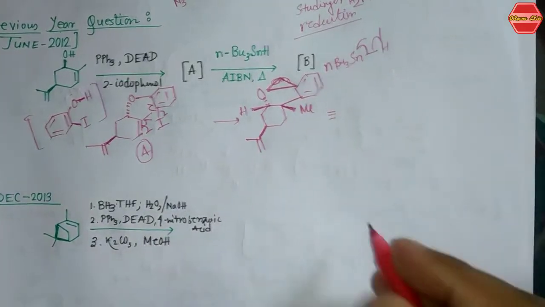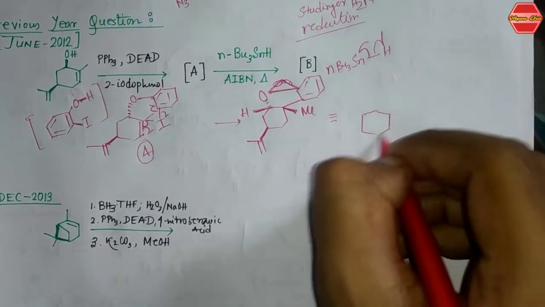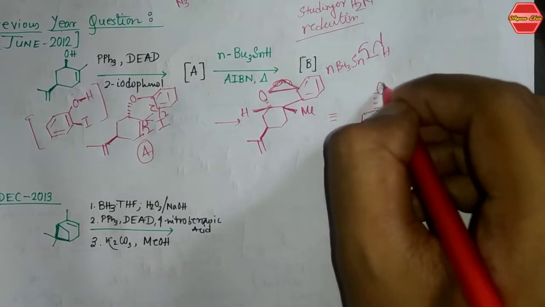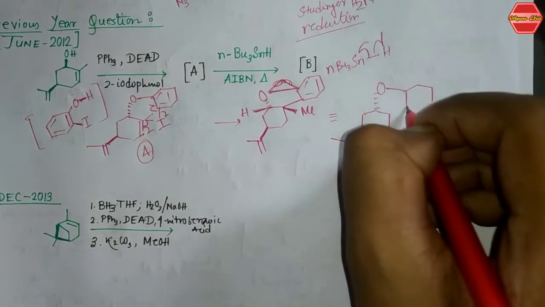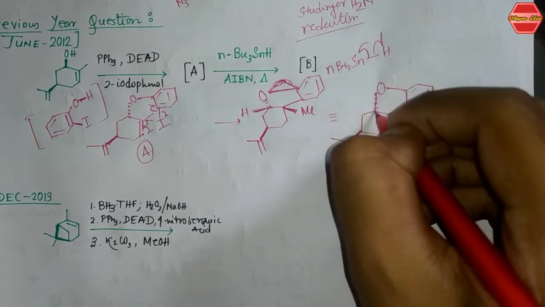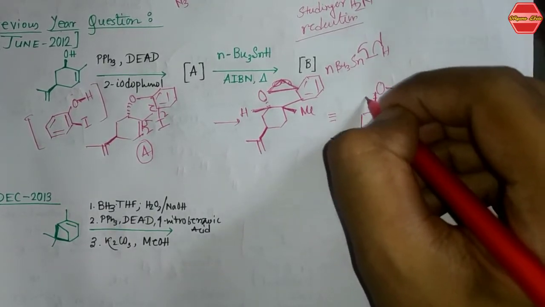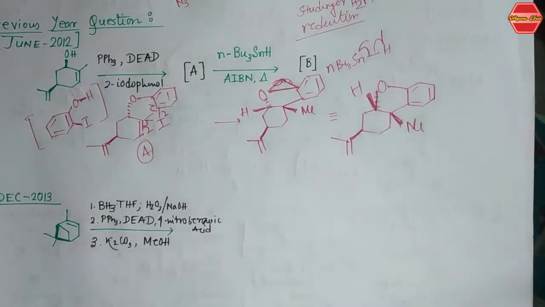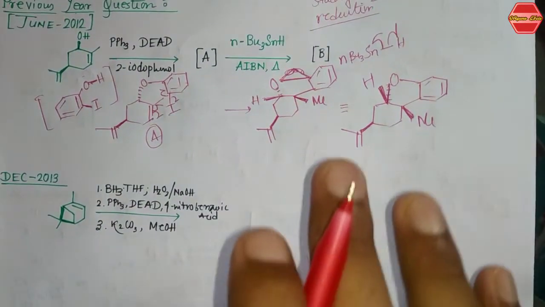So the product looks like this. This is now in plane. Now you can write it, this hydrogen is here and this methyl is like this. So this is your final product, and this question came for 4 marks.